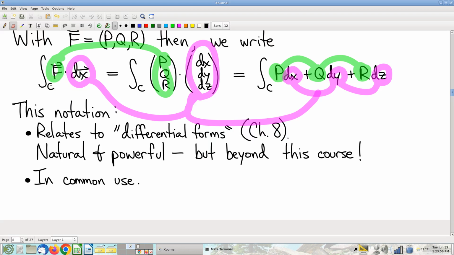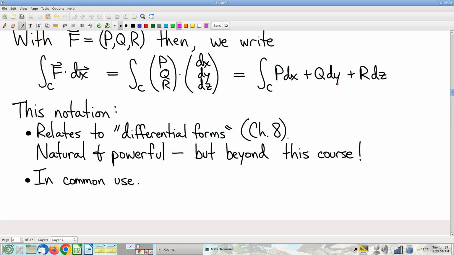Okay. Now, why is this notation in common use? Why do people like it? Well, now this is a weird conversation, but there are these things called differential forms that you're going to hear me talk about vaguely throughout chapters 6 and 7, and differential forms are extremely powerful.